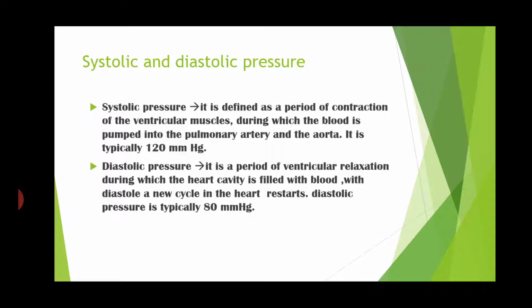Diastolic pressure is a period of ventricular relaxation during which the heart cavity is filled with blood. With diastole, a new cycle in the heart restarts. Diastolic pressure is typically 80 mmHg.